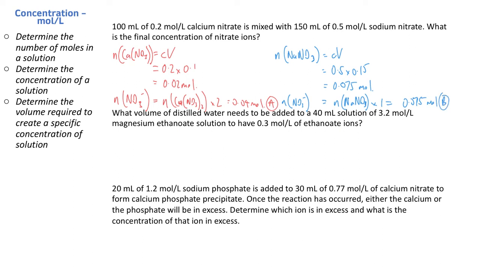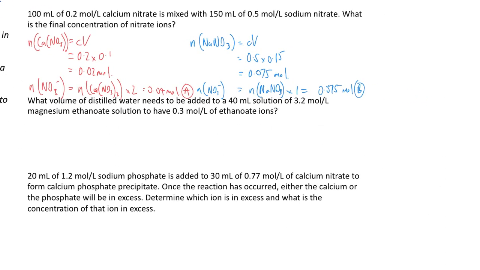And I'll save this as B. Okay. I should also consider, let's just move across a bit, I should also consider the fact that the total volume will be equal to 0.1 plus 0.15, and this is all in liters, so 0.25 liters.